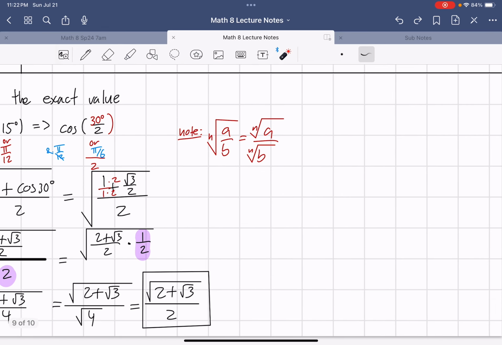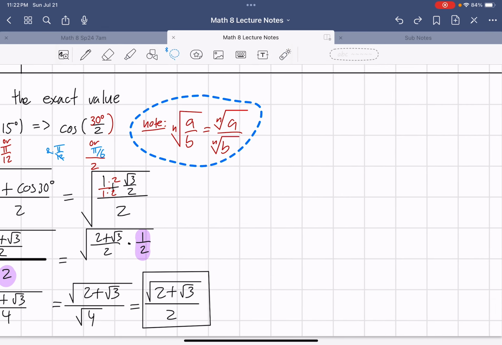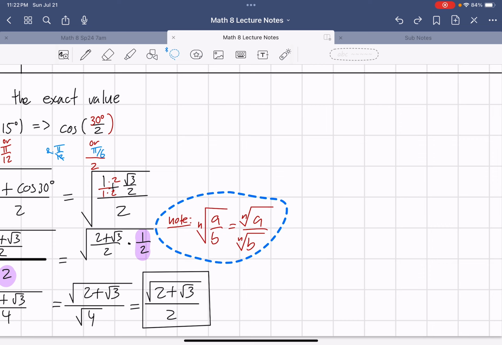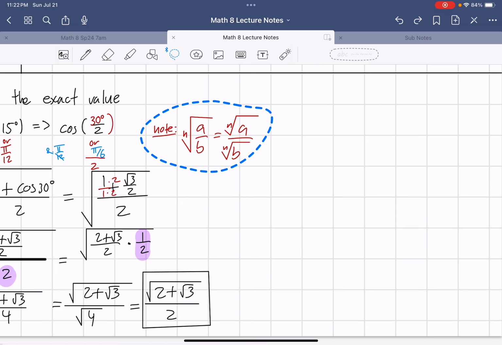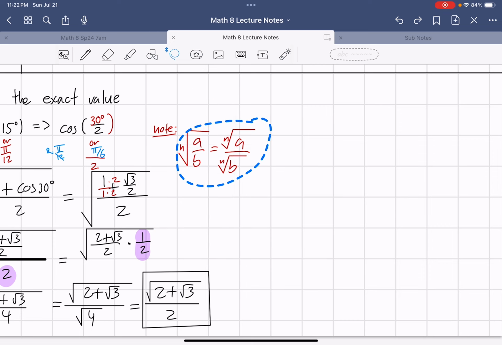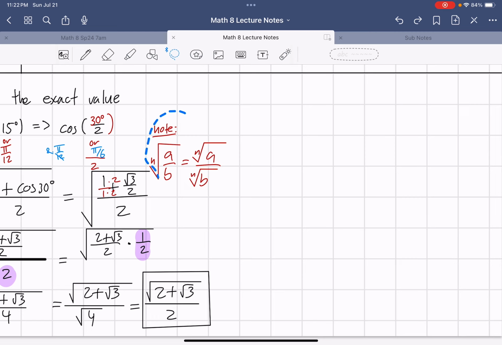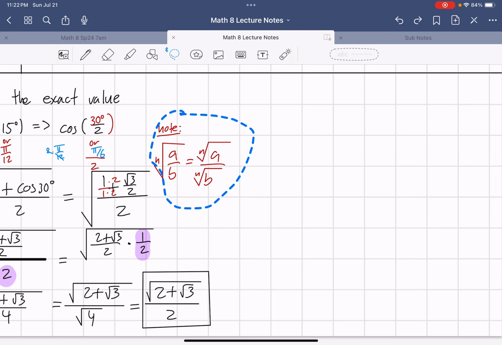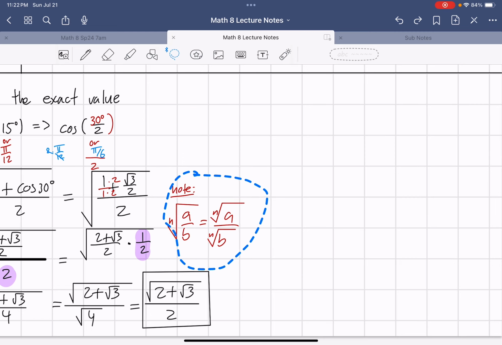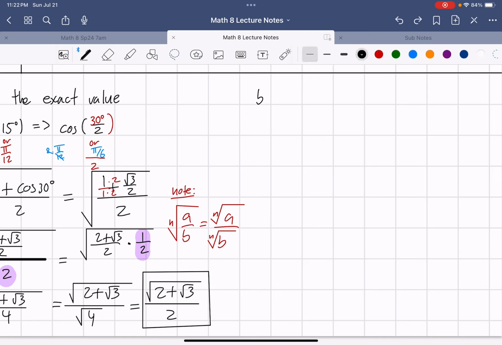But I want to show you a degree that we weren't able to do before. And because of this half angle, we're able to do this now, and that's 22.5 degrees.